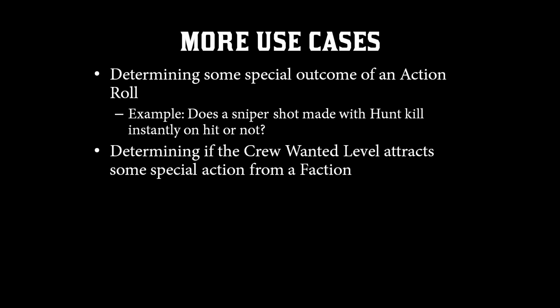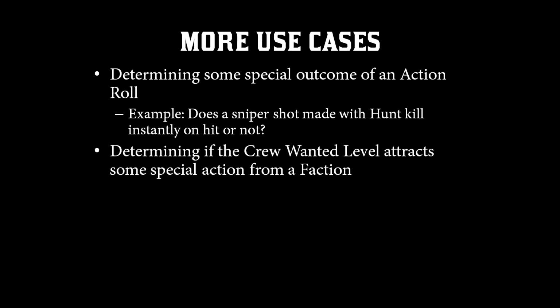Determining if the crew's wanted level attracts some special action from a faction. So this is a downtime phase thing. Your crew has a wanted level. What you do can bring it up or down, but it's not as though there is an automatic necessary result to your wanted level hitting a certain rating, right?